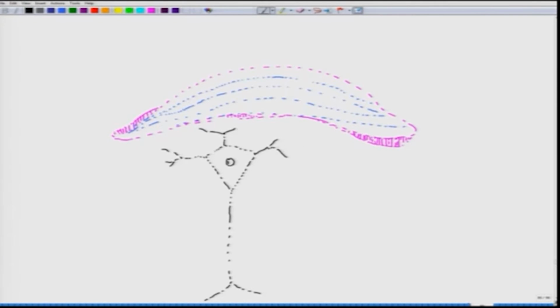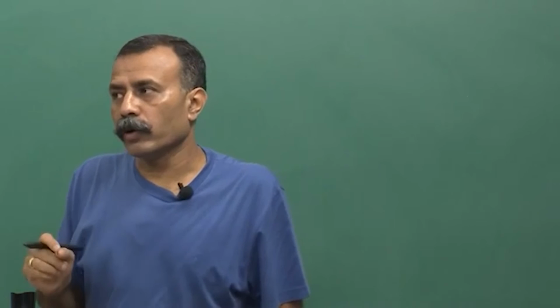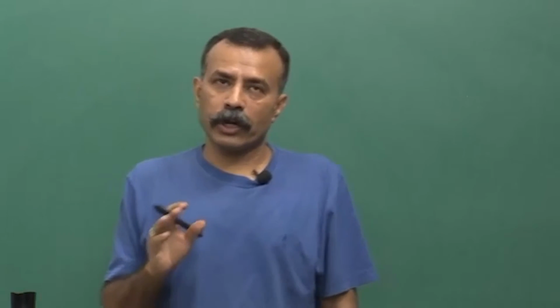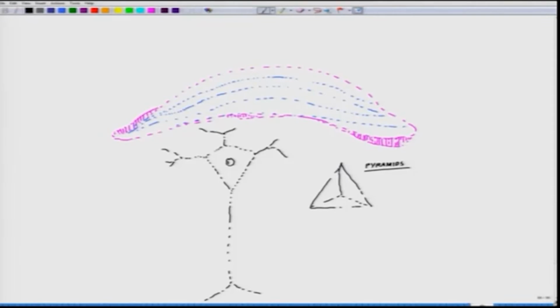The shape is very similar to the pyramids, if I just reverse the shape, and based on this shape, these neurons are called pyramidal neurons. It is purely based on the shape of the cell body. If you look at the shape, something like this.